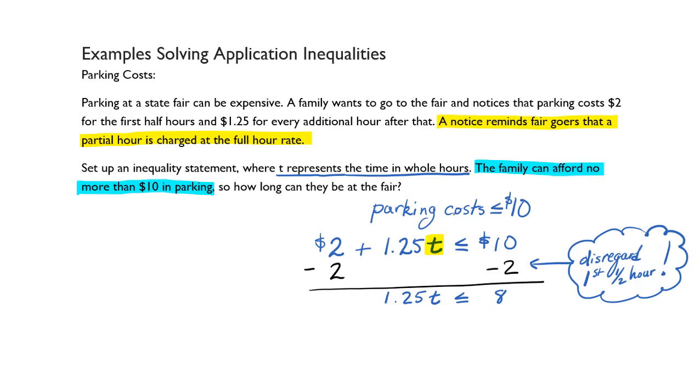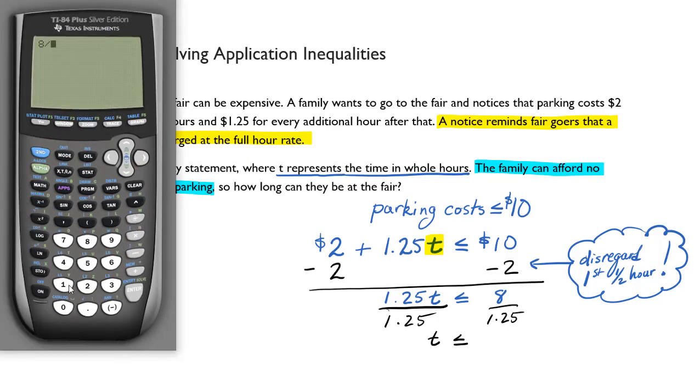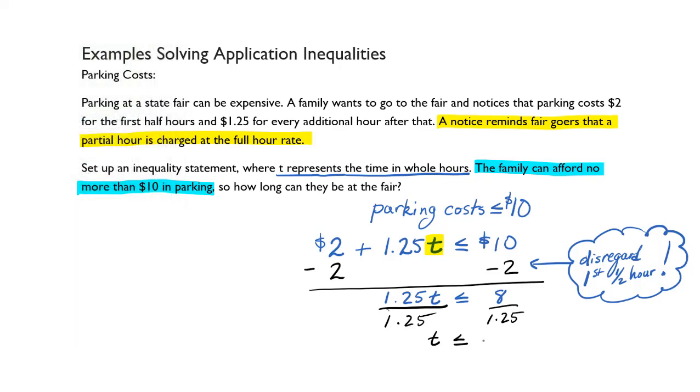From here, we will divide both sides by 1.25. And so T is less than or equal to, let's go ahead and pull up our calculator, 8 divided by 1.25 is 6.4.